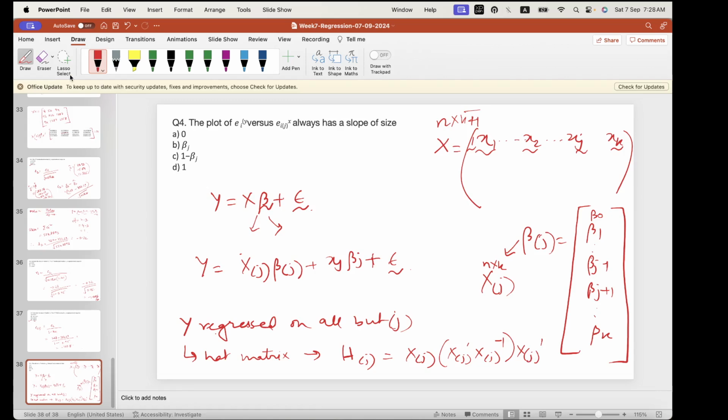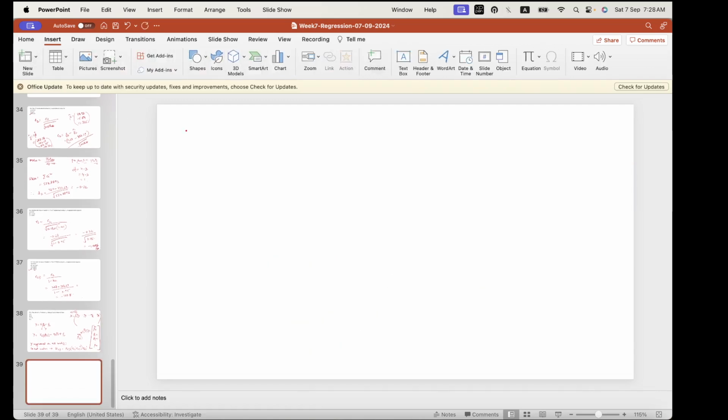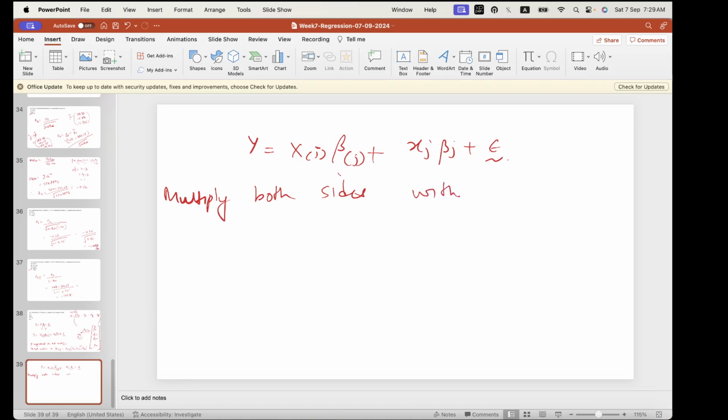Now if I multiply this equation y equal to xj beta j plus X_j beta_j plus epsilon, on both sides with I minus Hj, then what do we get?